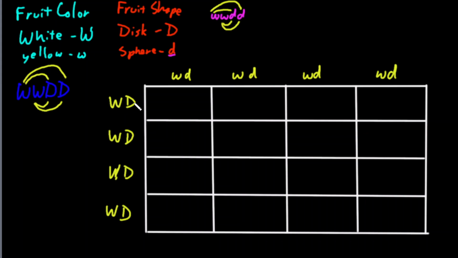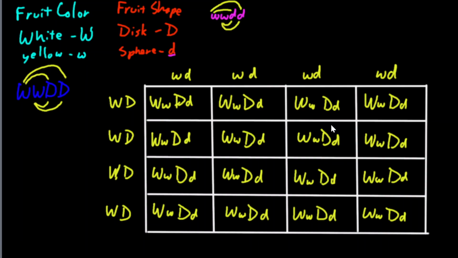All right, filling in, bringing a capital and a lowercase and a capital and a lowercase. All right, and then I'll ask you to continue to fill in the remainder. Pause the video and do that.